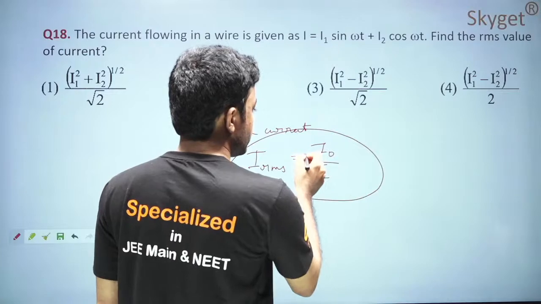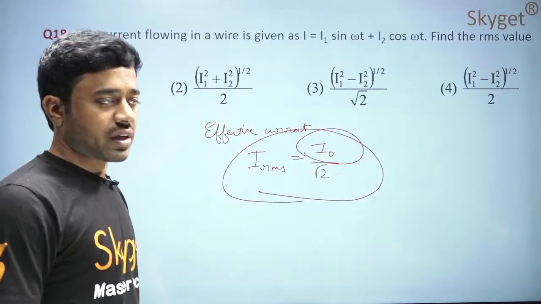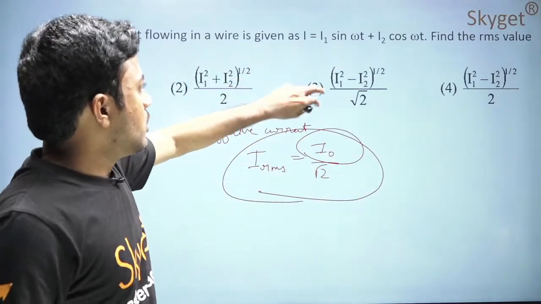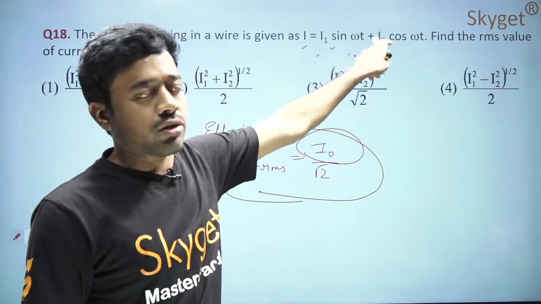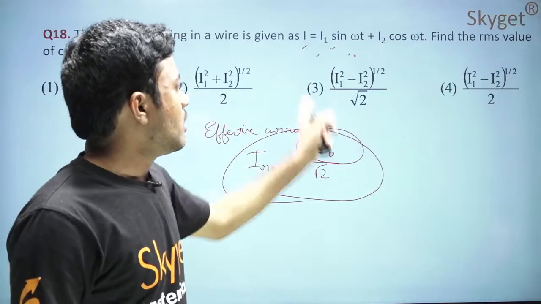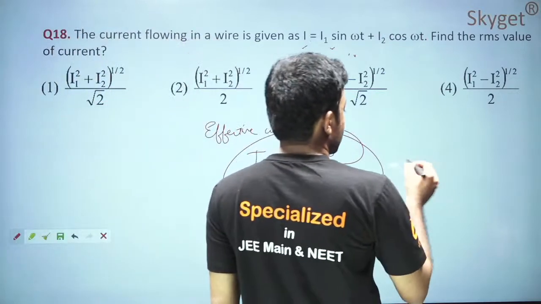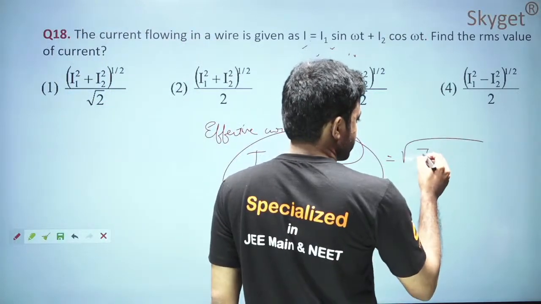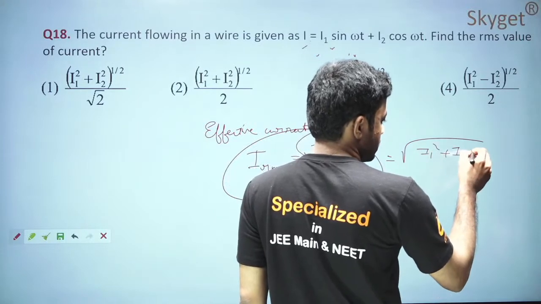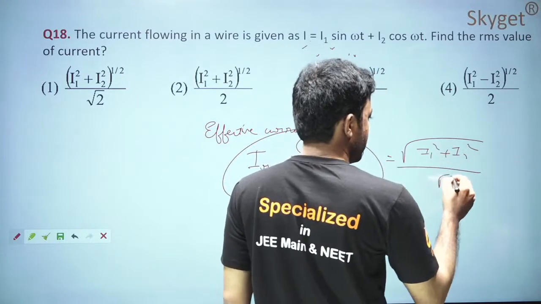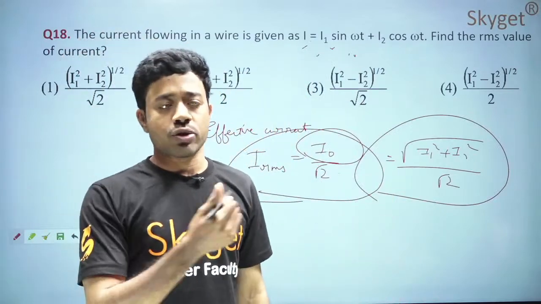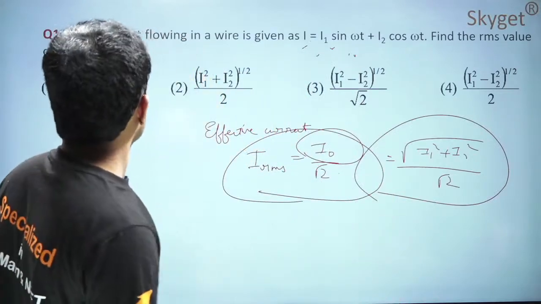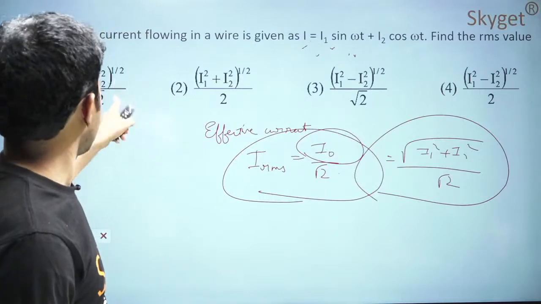We have to find the peak value of current, where I is equal to I1 sin omega t plus I2 cos omega t. The peak value becomes root over I1 square plus I2 square by root 2, that is I1 square plus I2 square whole power 1 by 2 by root 2. So here it is option 1.